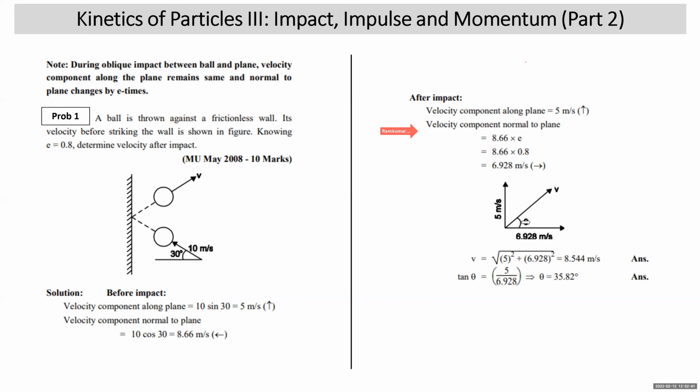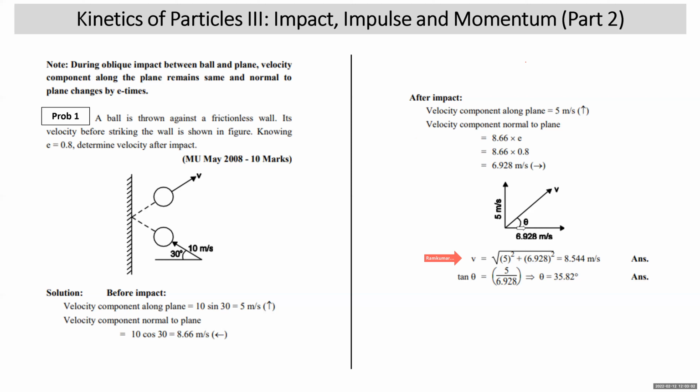Now you have to just simply find the resultant of these two components of the velocity. Component along the plane, I mean vertically up, is 5 meter per second. Component normal to the plane is 6.928 meter per second. So we can find resultant velocity. Resultant velocity will be square root of 5 square plus 6.928 square. You get 8.554 meter per second.